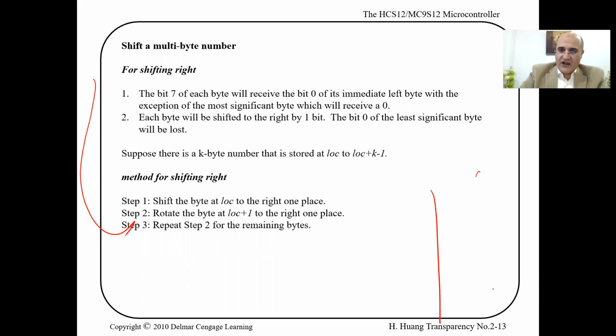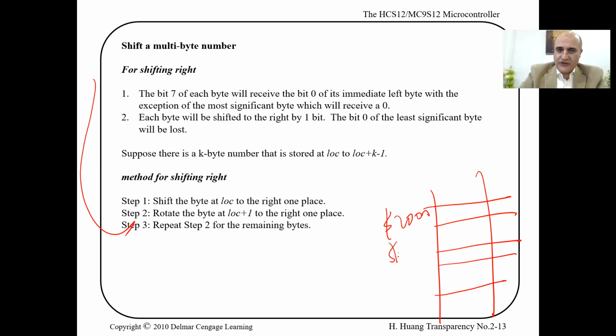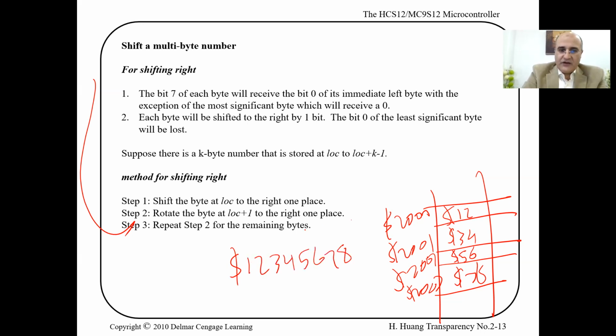If I have a 32-bit number here that starts at address 2000, 2001, 2002, and 2003. This is a number, 1, 2, 3, 4, 5, 6, 7, 8, and you want to shift this number. How do you shift this number?